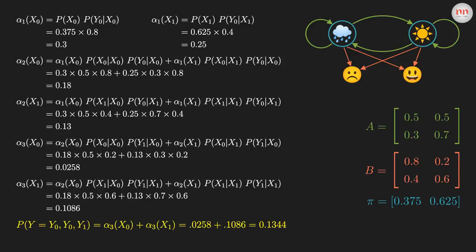And here is our answer, 0.1344. If you count the number of multiplications we performed here, you will find it's exponentially smaller than the naive way, which is awesome.